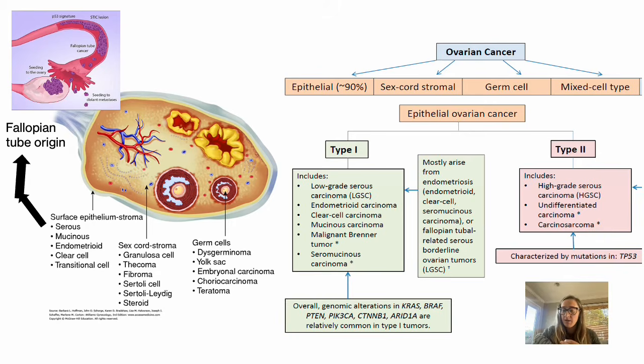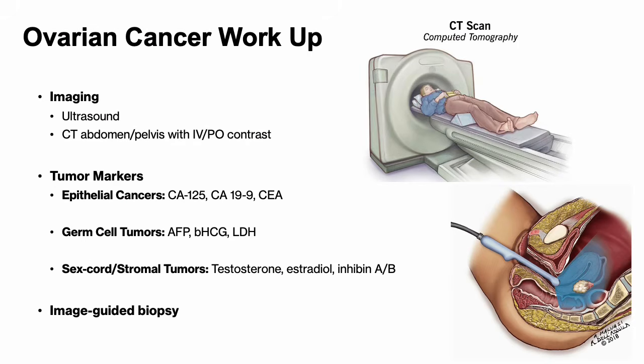So the typical workup for an adnexal mass that may be an ovarian cancer is getting some imaging, so an ultrasound or a CT, and then tumor markers. These are important. They're markers that can be elevated in ovarian cancer. And we typically will get them hopefully prior to the surgery, and then we can follow them after the surgery.